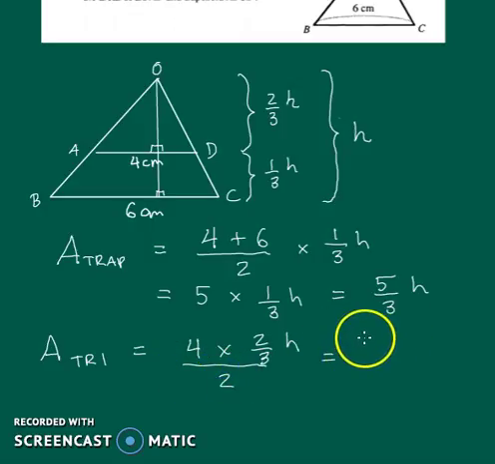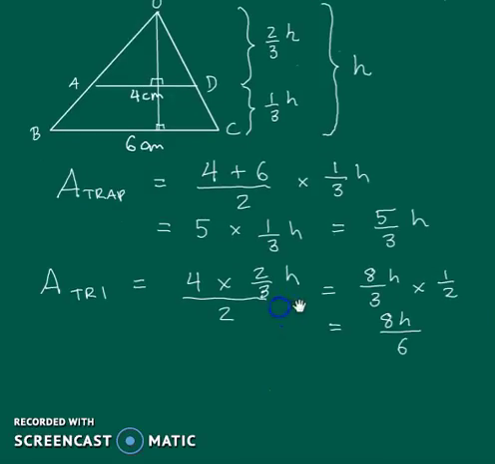So first I've got 8 over 3 H, and I have to divide that by 2, so I'm just going to multiply by half instead, and that will give me 8H over 6. So I've got the area of my triangle, and I've got the area of my trapezoid.